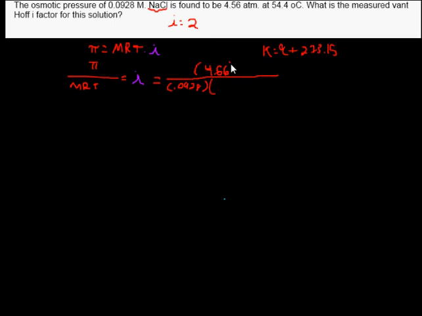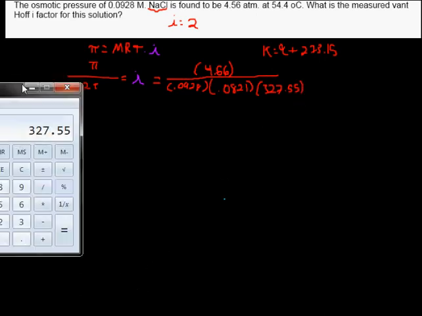If we check units, the units would all be right, but i is unitless. Okay, so R, which is 0.0821, and then the temperature, which is 327.55.